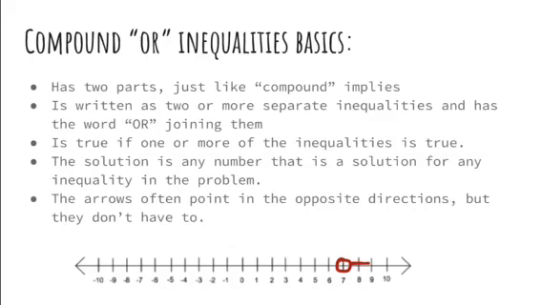But typically you might have x is greater than 7, and x is less than or equal to 2, and that's what it would look like. Occasionally, we're going to try to trick you, and we're going to have something like this: x less than or equal to 7, x greater than or equal to negative 7, and since it's or, only one of them has to be true, which means it has to fit this inequality, or it has to fit this inequality.